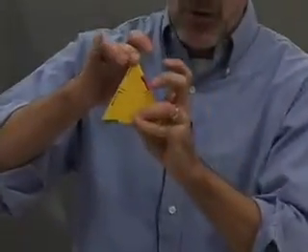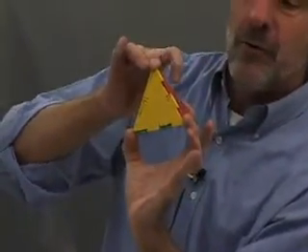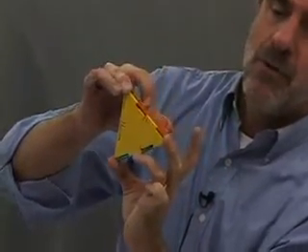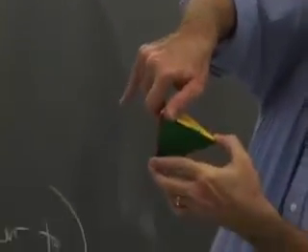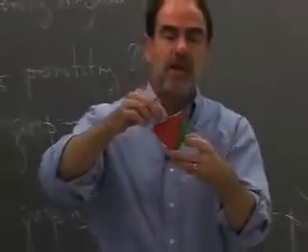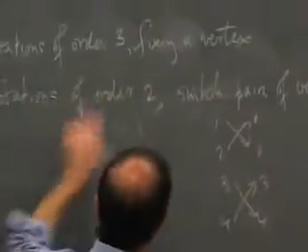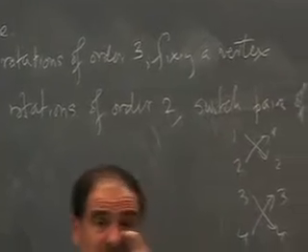If I took these two, and then I have these two, I draw the axis through here, and rotate 180 degrees around that. You have to actually do that with a tetrahedron in hand, and you'll see that there are three pairs of opposite midpoints that you can use. That gives you 3 elements of order 2, whose permutations look like this.